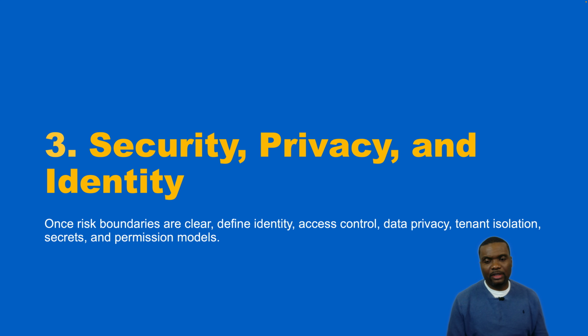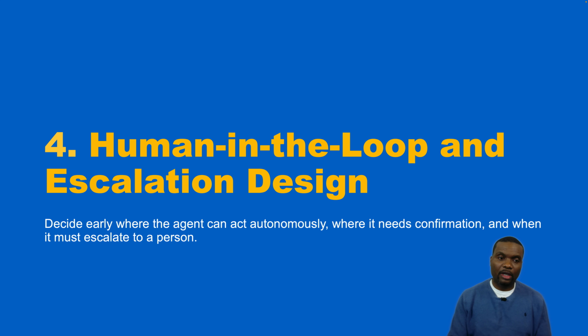So identity, access control, privacy, isolation of tenants, secret management, and all the different permission models, role-based access controls. All of these things you have to consider to make sure that the data that is sent to the system is secure. The person that is trying to access the records has the permissions to read, to modify, and to remove records. All of these things have to be considered whenever you are designing an AI agent system.